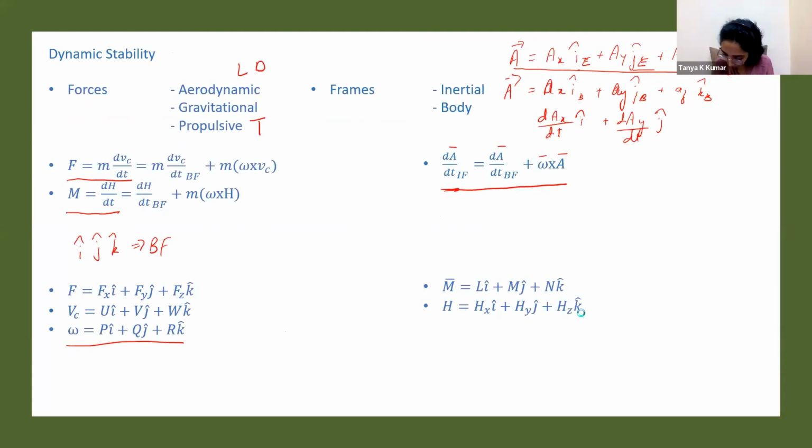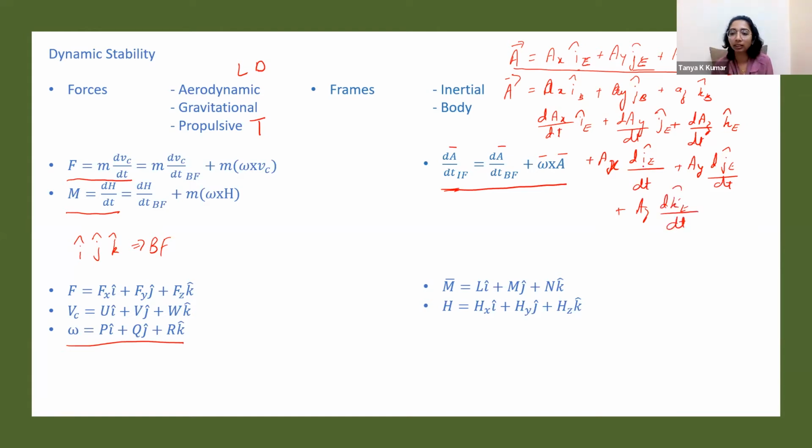So the next term would have been dAz by dt k cap, plus Ax diE by dt plus Ay djE by dt plus Az dkE by dt.